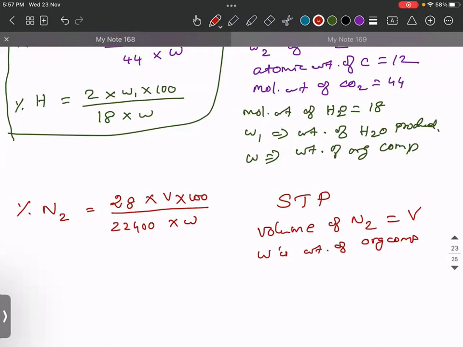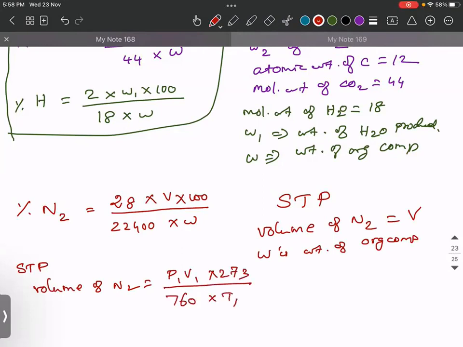We know that at STP, the volume of nitrogen is equal to P1V1 into 273 divided by 760 mmHg into T1, where V is in ml. This is when you are calculating volume.